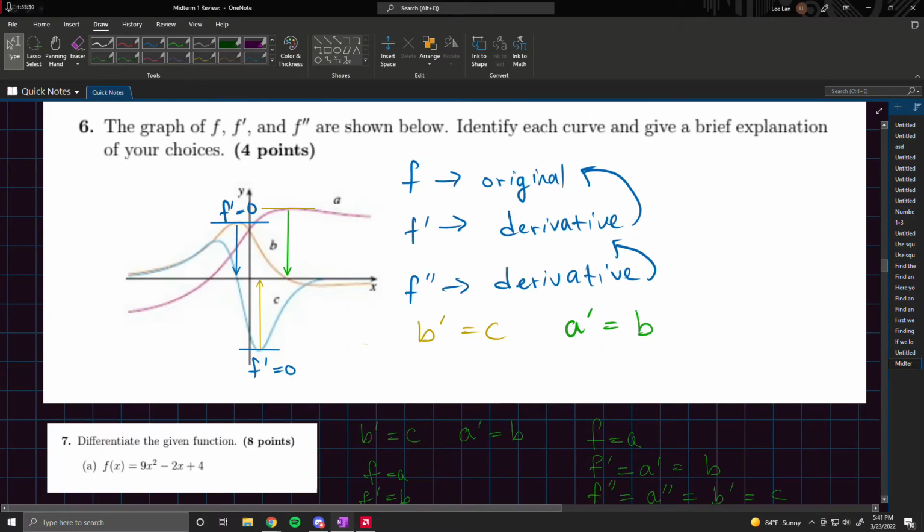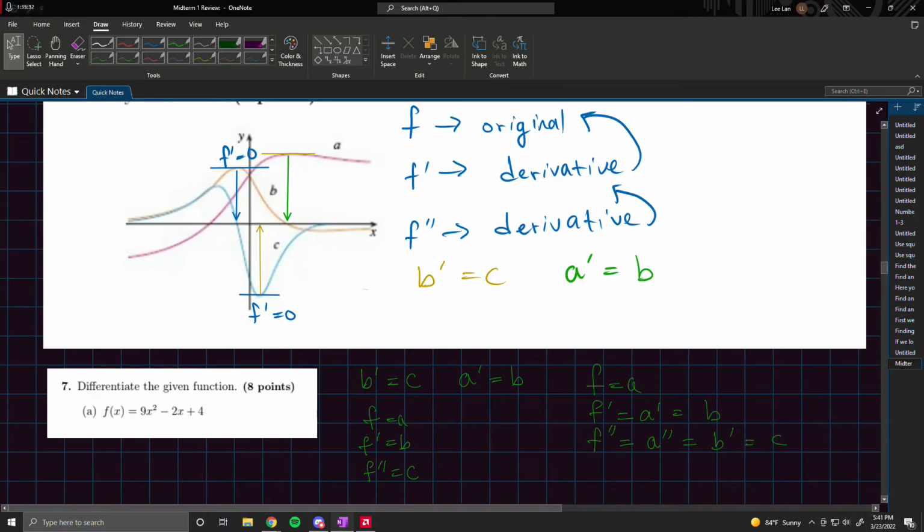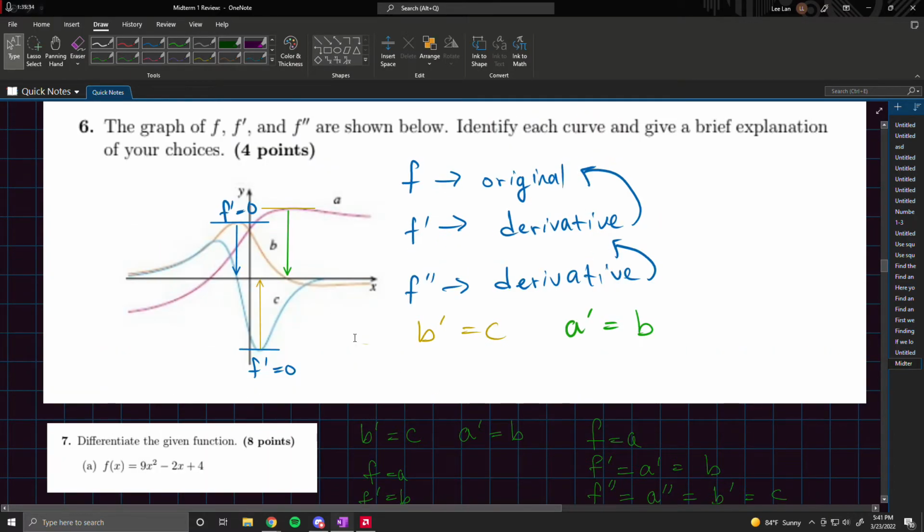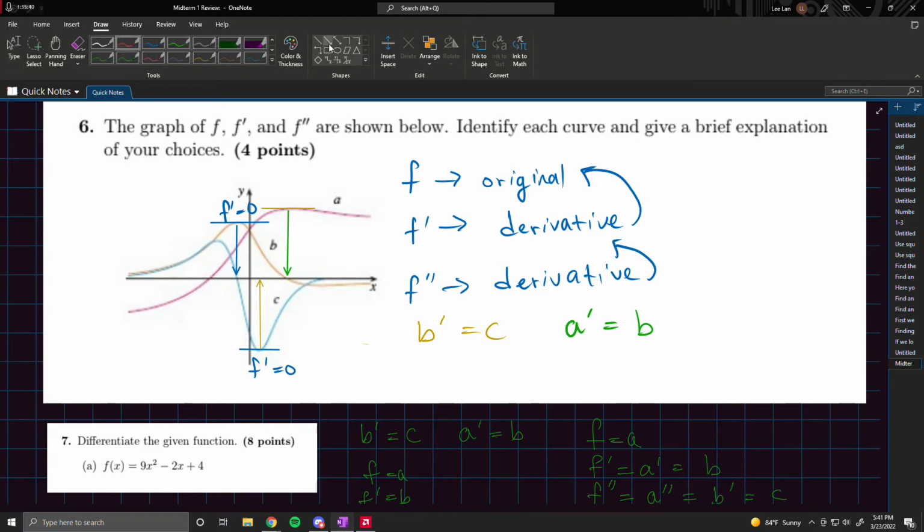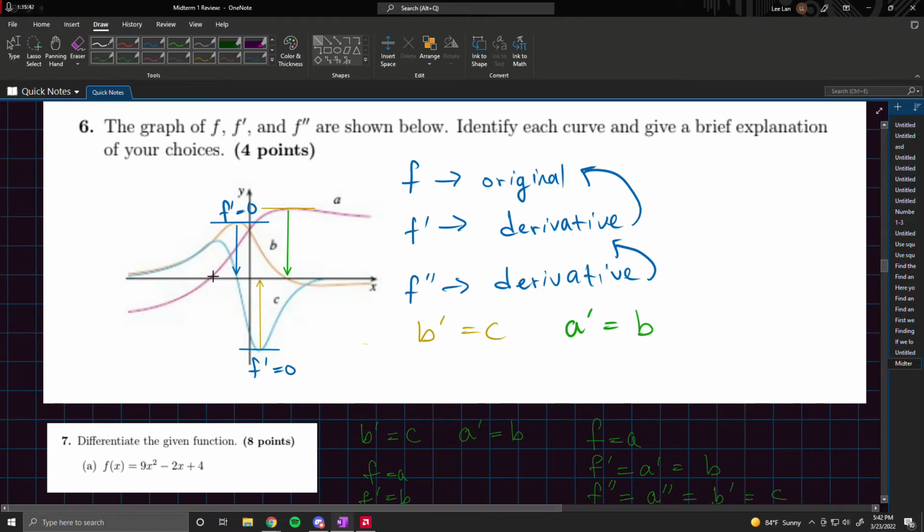And let's just see more information to see if this makes sense. So if a is the original function, if we look at the slopes of a, if I were to draw a tangent line here, the tangent line at this point seems to be pretty positive. I feel like at B it's also positive, and if you also look at C, it also seems to be positive.